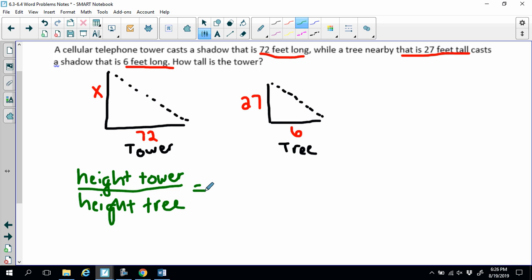Then we're going to do the shadow. Now because our tower, we put that in the numerator, I need to deal with the shadow of the tower. And then in the denominator is going to be the shadow of the tree, since that is also the corresponding side.